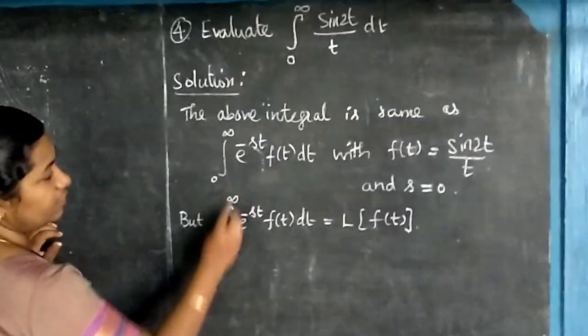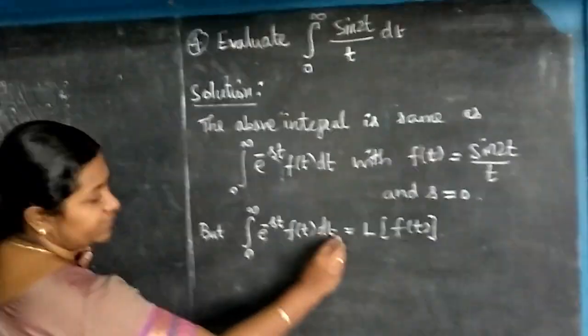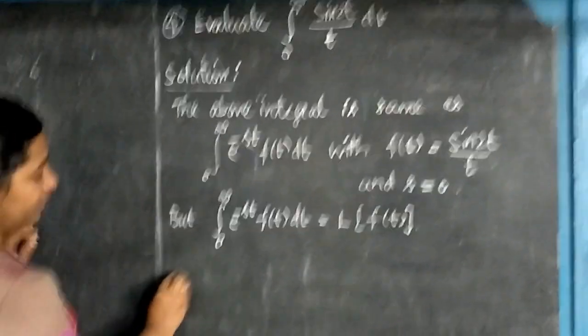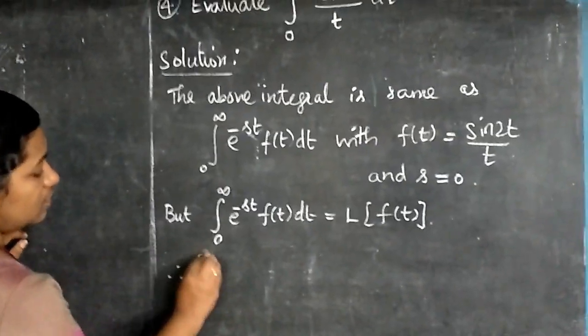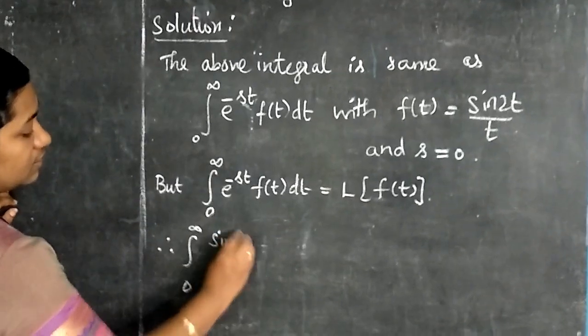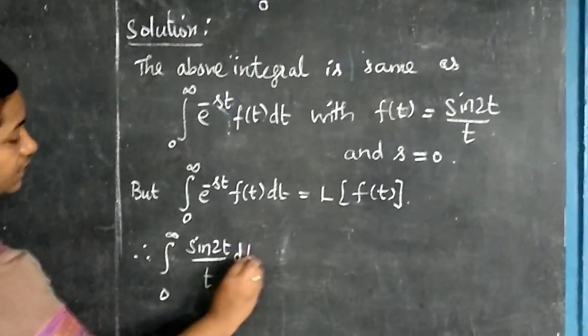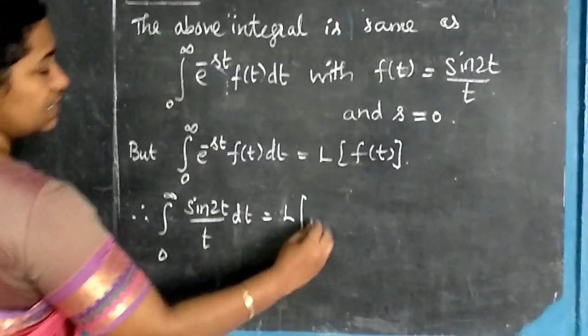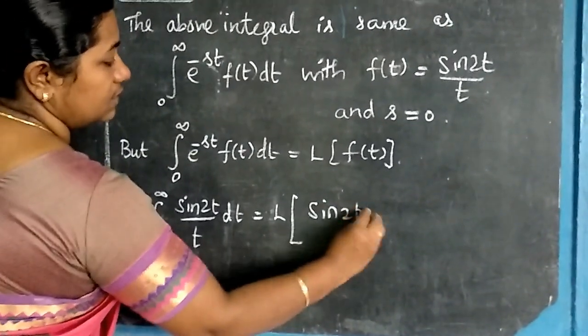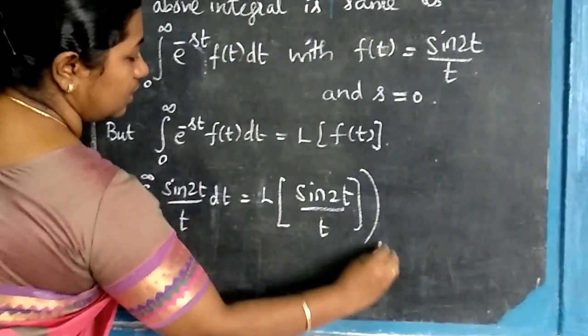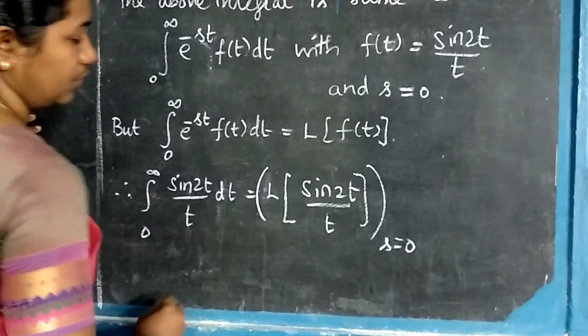But this integral is the Laplace transform of f of t. Therefore, the integral of sin 2t by t dt is equal to the Laplace transform of sin 2t by t at s equal to 0.